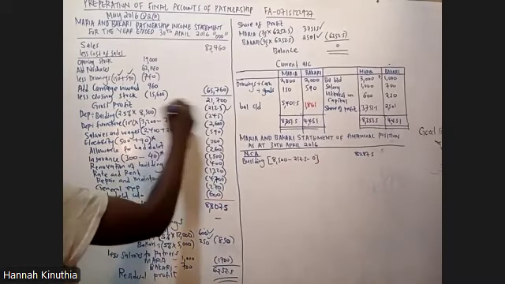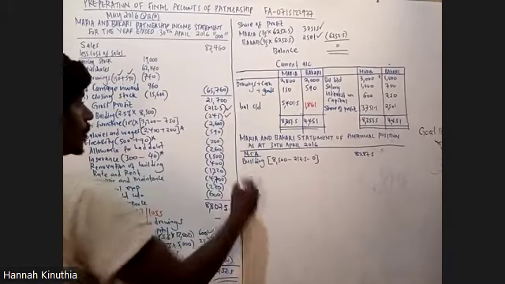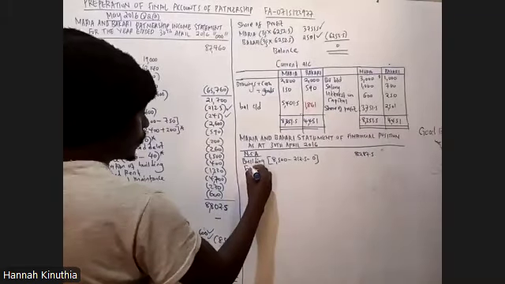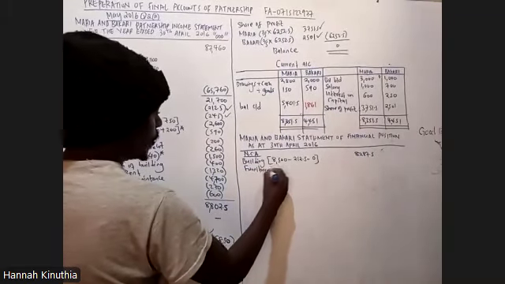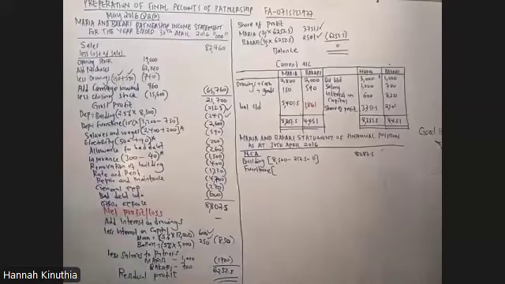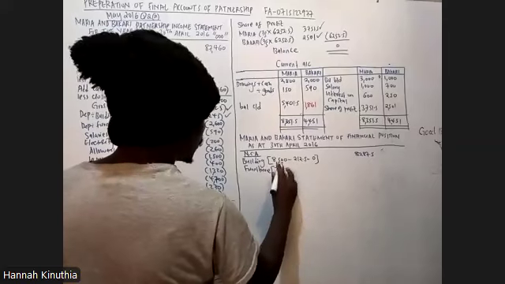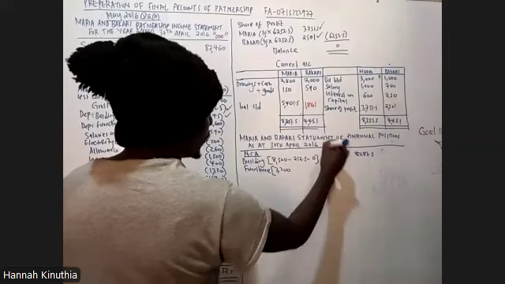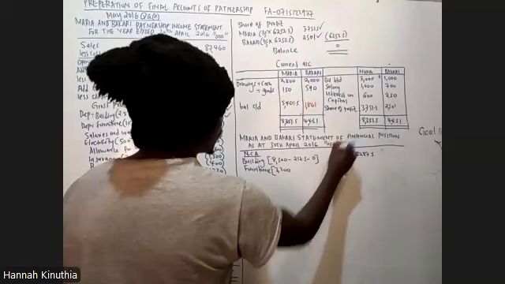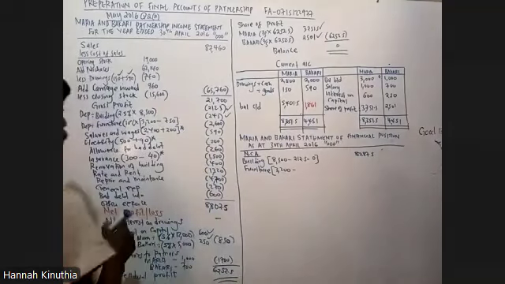So let's go to furniture. Now for furniture, the cost is 3,200. Minus the depreciation for the year.